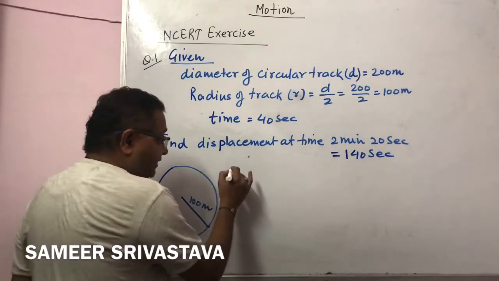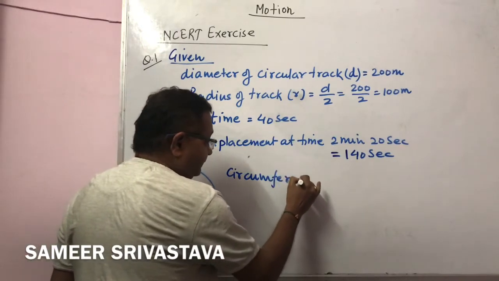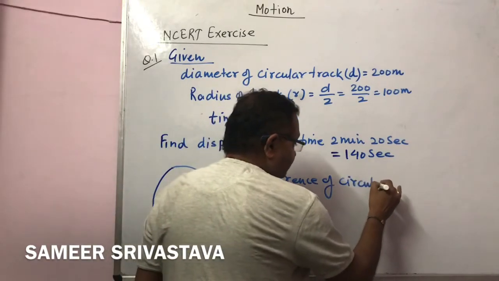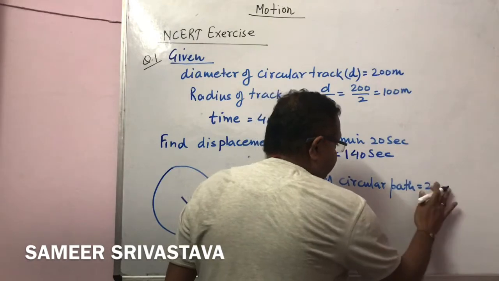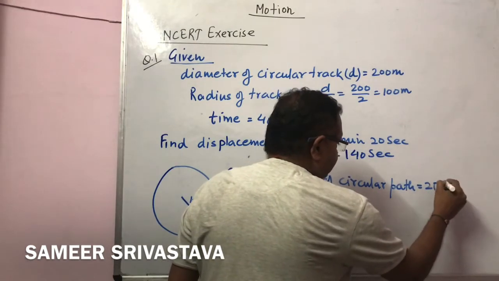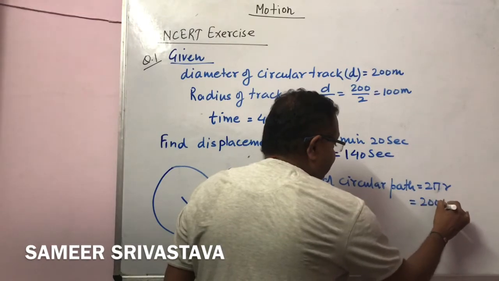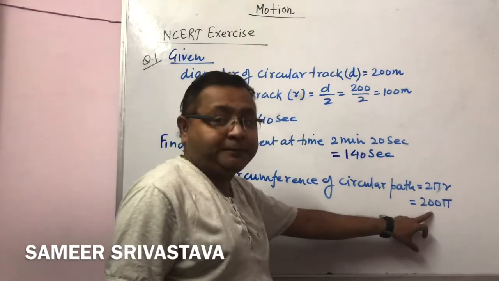So first of all we have to find the circumference of the circular path, which is equal to 2 pi r, or we can write 200 pi because the r value is 100, so it becomes 200 pi meter.